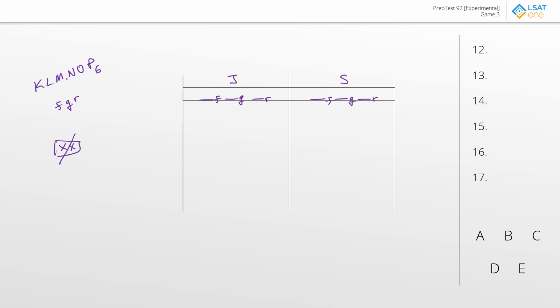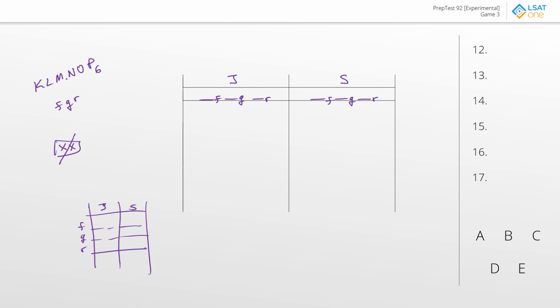For the record, at this point, if you wanted to do a slightly different setup, you could use a 3-tiered setup: J and S, and then for each side you would have 1 for F, 1 for G, 1 for R. That's not unreasonable, because that's kind of what's happening here.